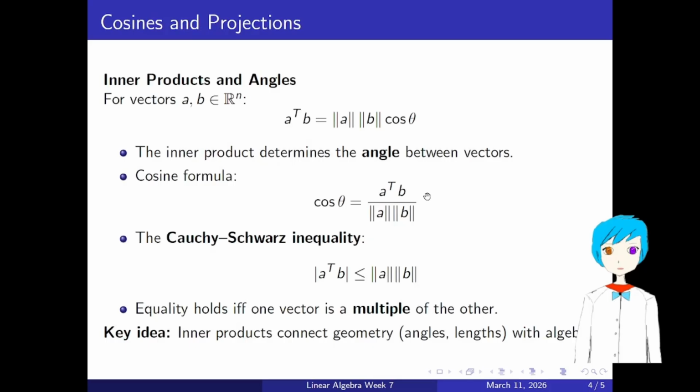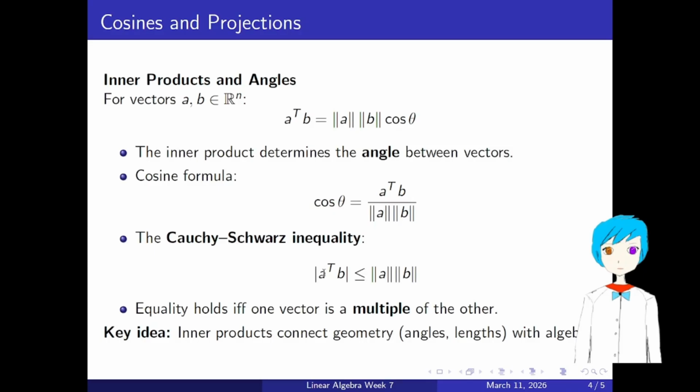With orthogonal complement, with projection, we can formally define cosines and projections. For any vectors, the cosine of the angle between two vectors is defined as the inner product divided by the norm of a times the norm of b. The cosine of the angle ranges from -1 to 1, therefore we have the Cauchy-Schwarz inequality.